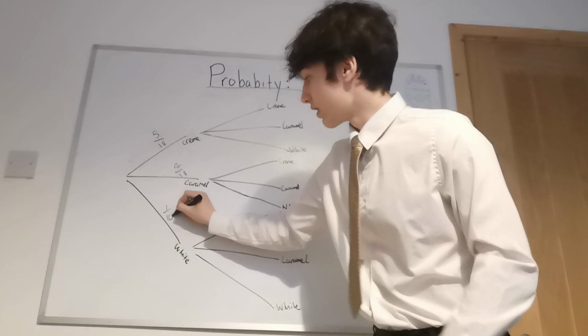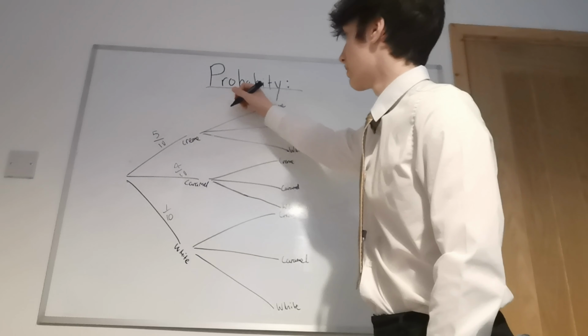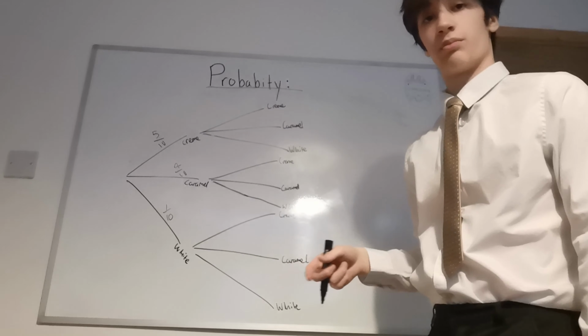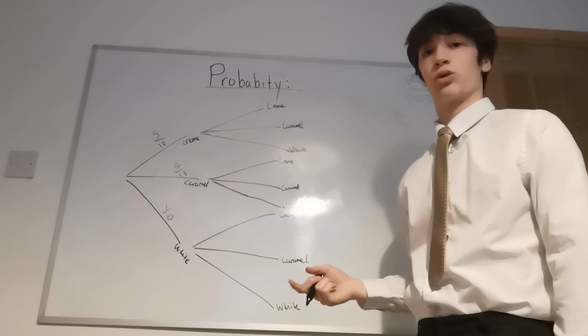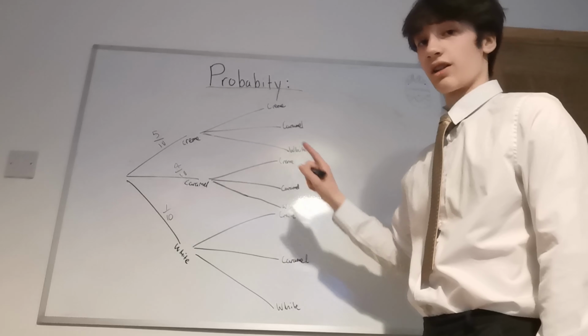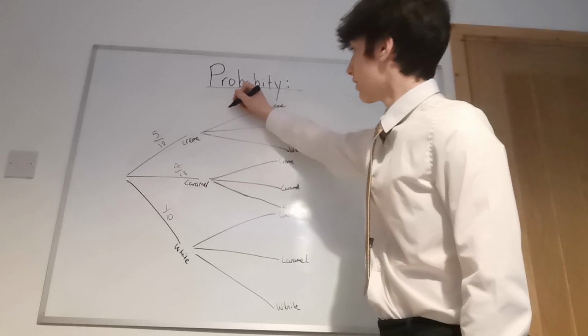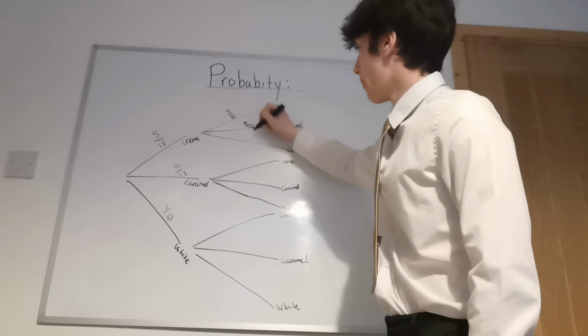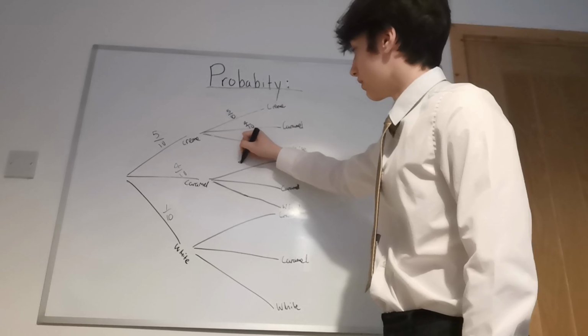So this is 1 over 10, and then we complete. If the egg is replaced after each time, it's an example of independent probability. So that's what we're going to go through first here. So it's 5 over 10, 4 over 10, and 1 over 10.